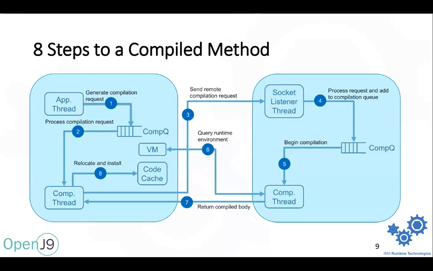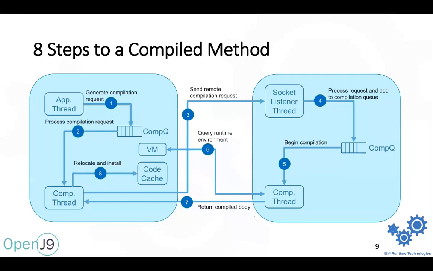On the flip side of that, the JIT compiler actually keeps track of what's being called, and it takes some decisions about what to compile and what not to compile. So once the JIT compiler decides to compile something, it essentially ends up on a queue. So that's step two. Step two is that we have multiple compilation threads working in the background, and they are essentially popping requests off that queue and looking to start the compilation process.